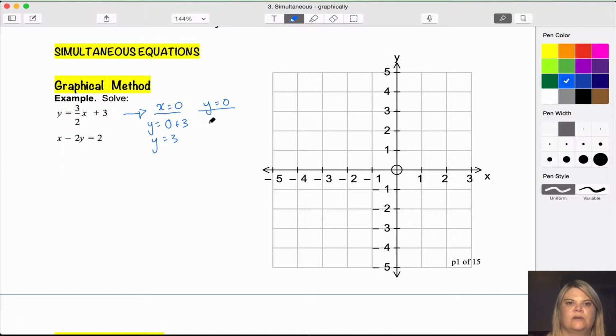When y equals 0, 0 equals 3 on 2x plus 3, minus 3 is 3 on 2x, minus 6 is 3x, x equals negative 2. So we've got y equals 3 and x equals negative 2, and you would get your ruler and draw a neat line through there.